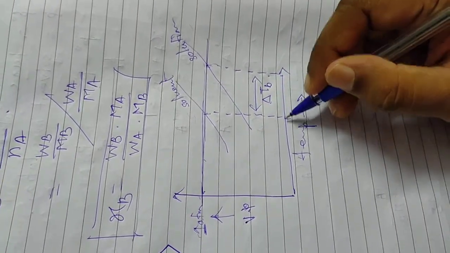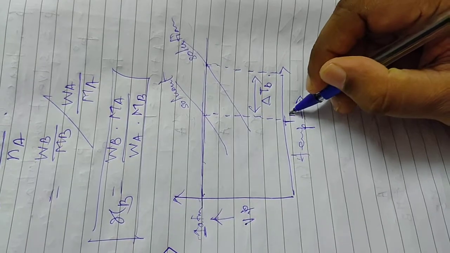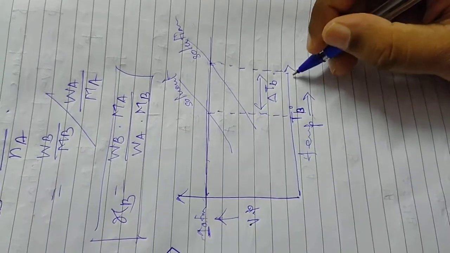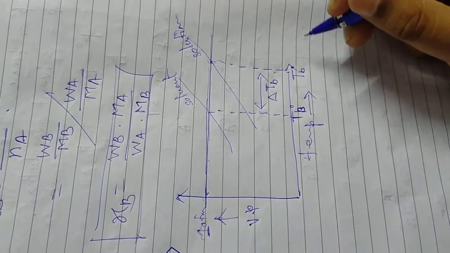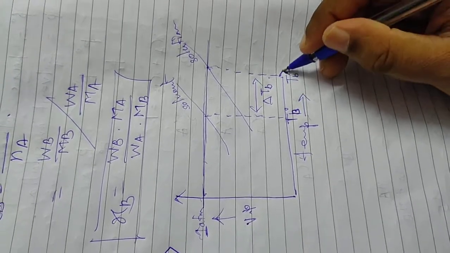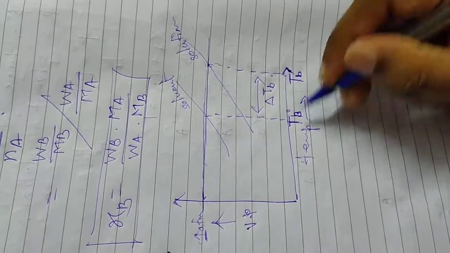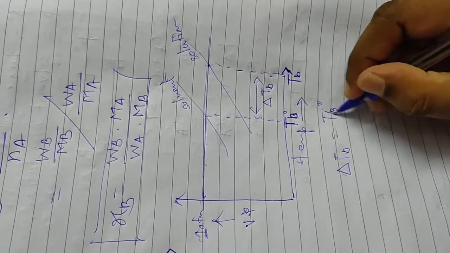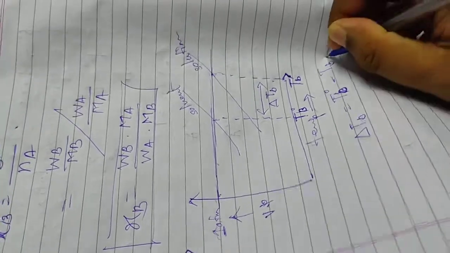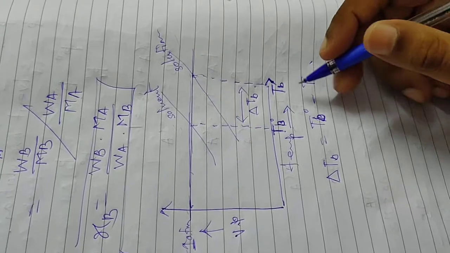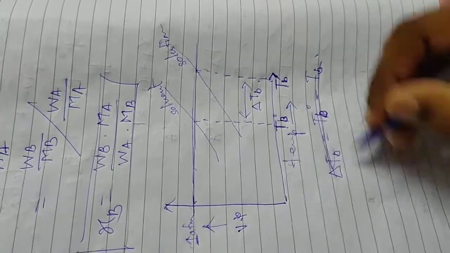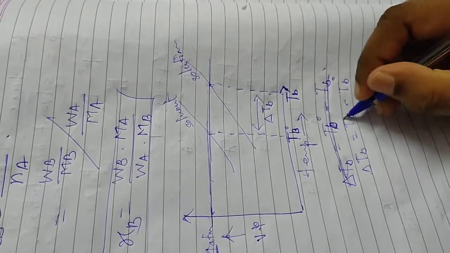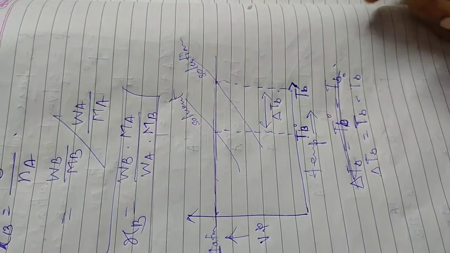This is the boiling point of pure liquid, TB naught, and this is the boiling point of the solution, TB. So delta TB will be equal to TB minus TB naught. As it is elevated, the TB must be greater than TB naught.